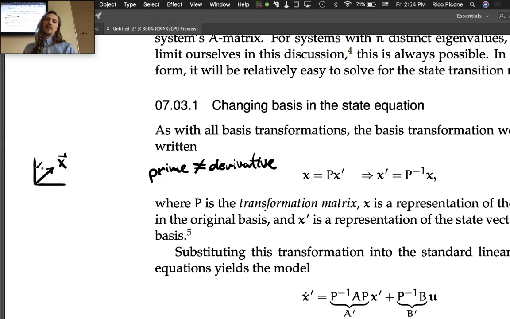Maybe my original basis was based on a unit vector here and a unit vector here, and my new basis is based on a unit vector here and a unit vector there. It still describes the same immutable vector, just in a new basis.